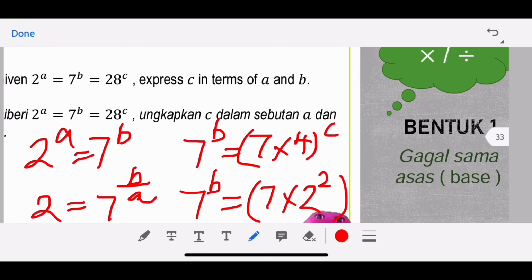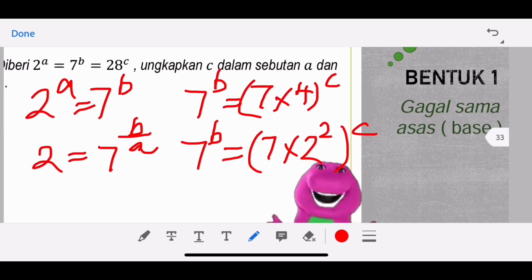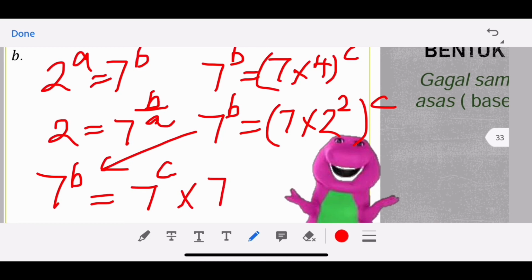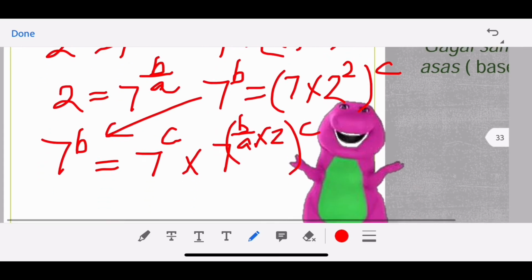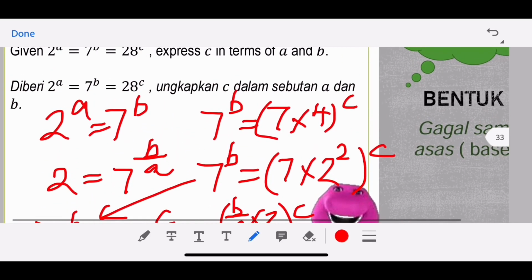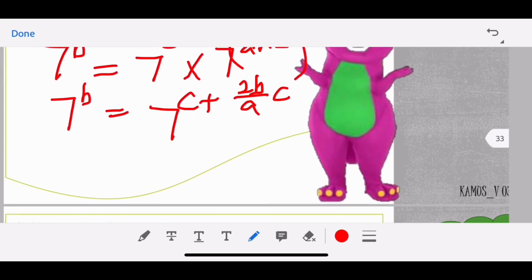Okay, so now when you see 2, you will substitute with 7 to the power of b over a. So 7 power b equal to, we are still having the 7 power c times with the 2 to the power c, but the 2 is 7 to the power of b over a, right? So now you can just plus the index, so it becomes b is equal to c plus 2b over a.